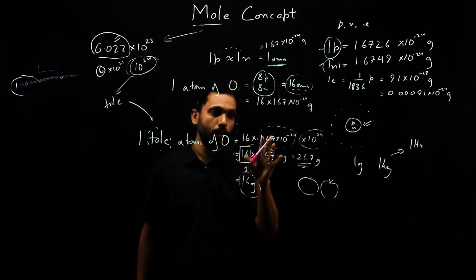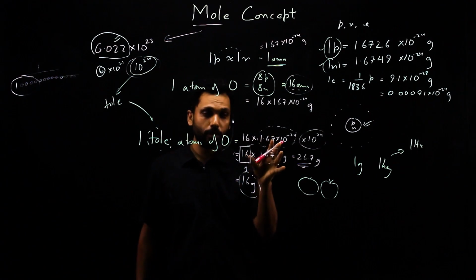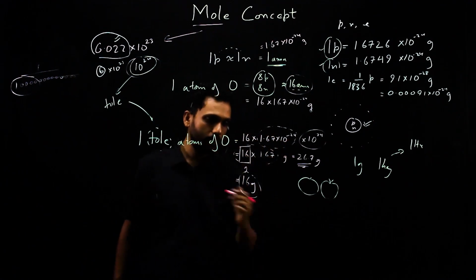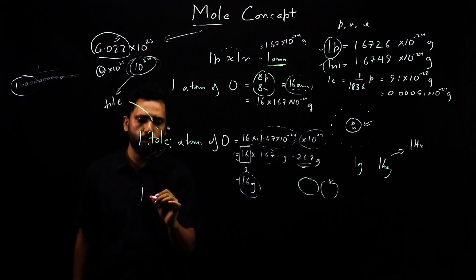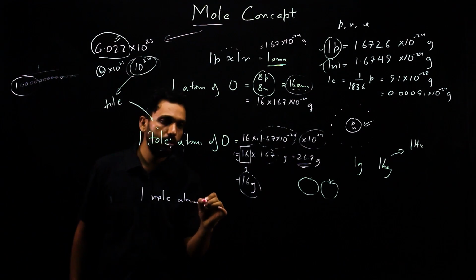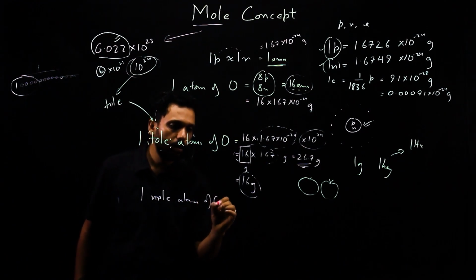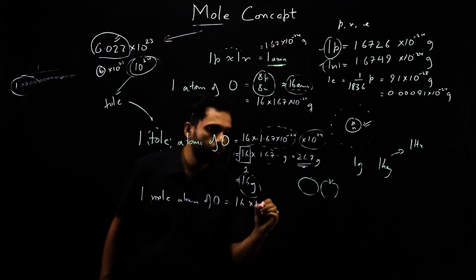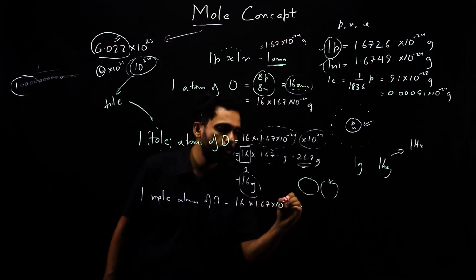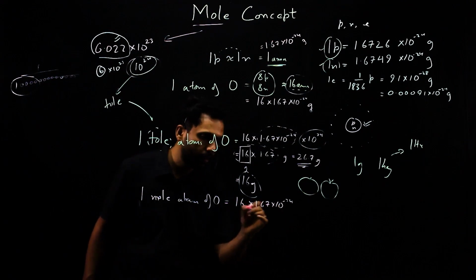I'm telling you the concept of it, how that number came. So if you have, let me write the same question again, if you have a mole of atoms of oxygen, the weight would be 16 into 1.67 into 10 power minus 24, which is the weight of one atom of oxygen.